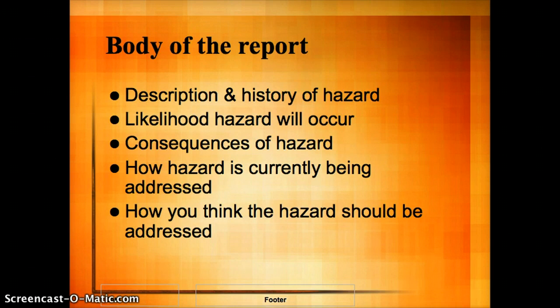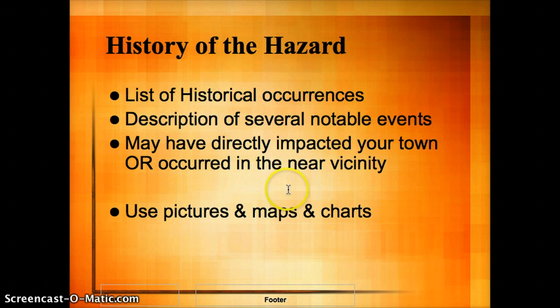And then we get into the body of the report. The first section in the body of the report is simply the history of the hazard and this town. So we don't want all the tornadoes in Illinois. If we're doing tornadoes in Bloomington, we want the tornadoes that have occurred in and around Bloomington.